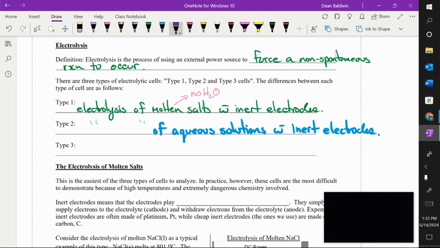And then the final type, type 3, is electrolysis of aqueous solutions with reacting electrodes.